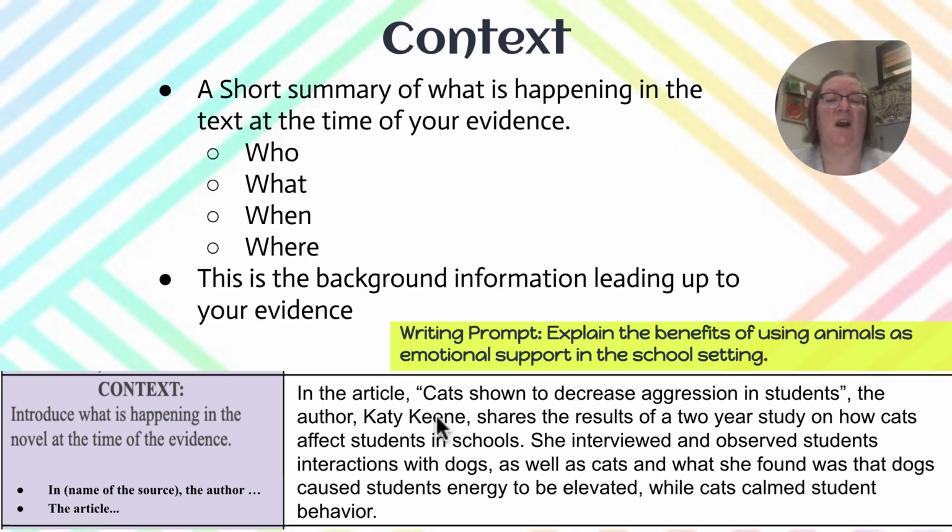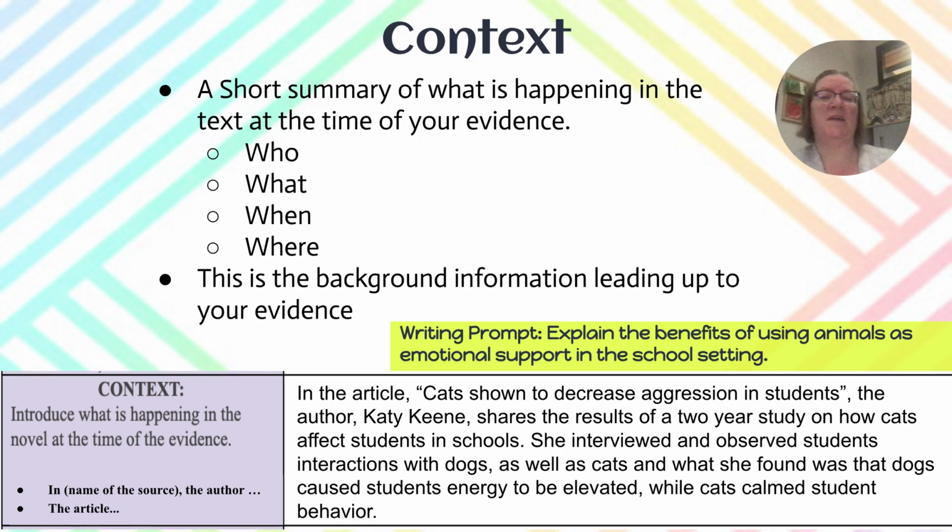I've introduced the author. Those two things have to be done when you are leading into your evidence. It can be in your context or attached to your evidence. And then I provide a brief summary about what is happening and what is going on within the article.